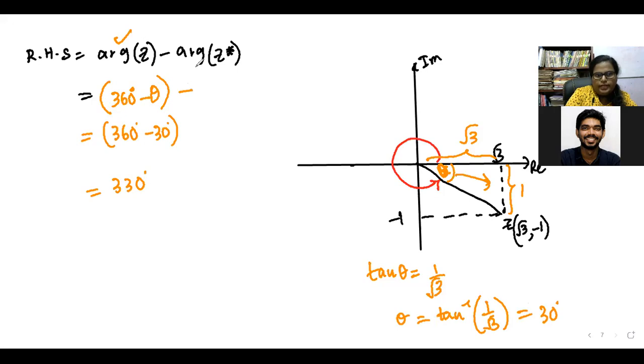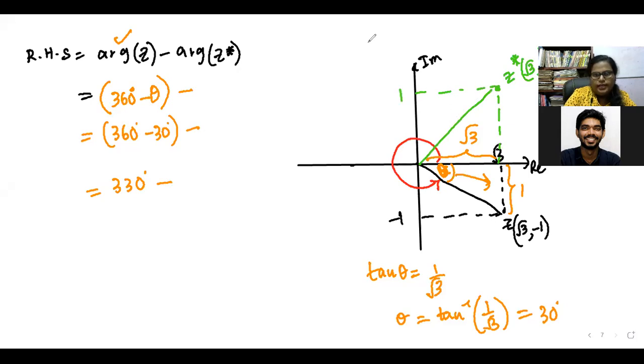And we have to take the arg value of Z star also. For the arg value of Z star, I will use the same Argand diagram. So Z star is square root 3 plus i. This one is 1 and this is square root 3.